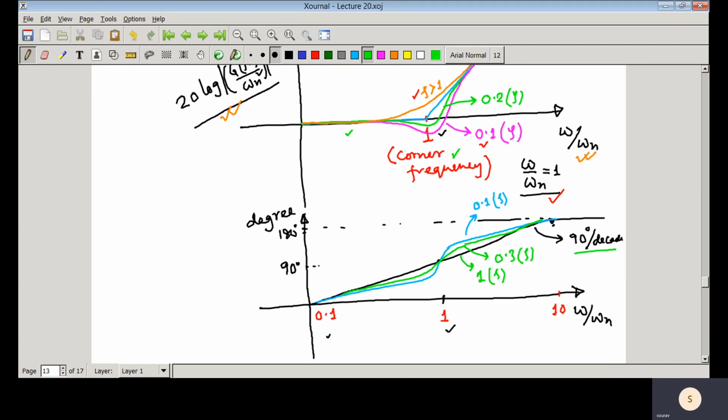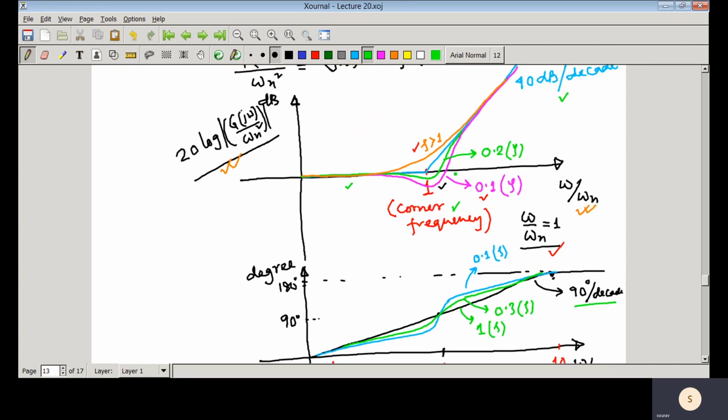But in case of phase, when we are at the corner frequency, that angle is always 90 degrees because it is independent of zeta, and for different values of zeta there would be some correction. Correction means whenever we draw the asymptote, if zeta is very small, we can make these corrections at the corner frequency.